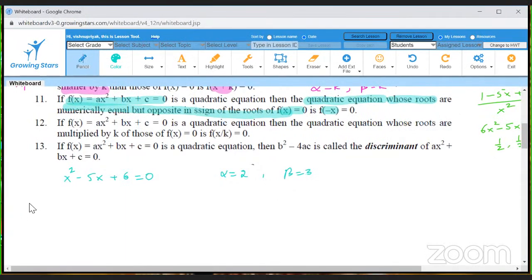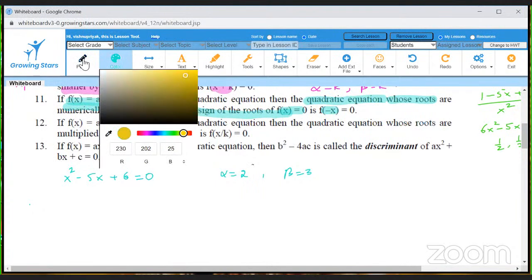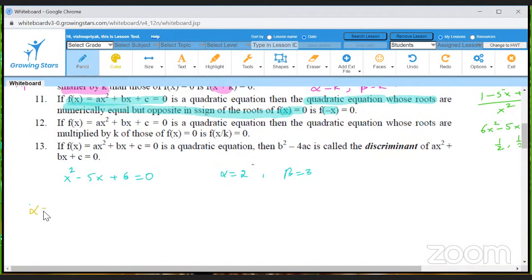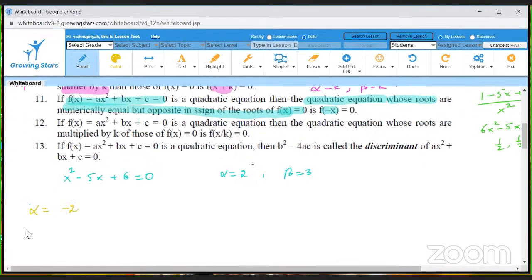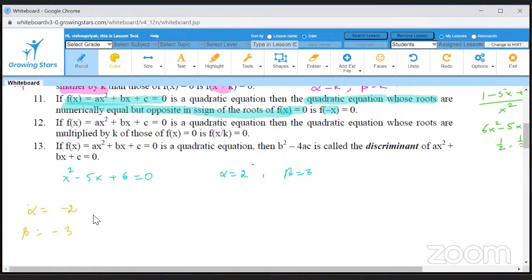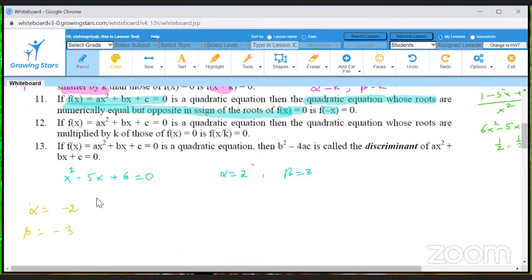Now I will give you the roots as equal but opposite in sign, minus 2 and minus 3. Then how will I get the new quadratic equation? This x has to be replaced by minus x.